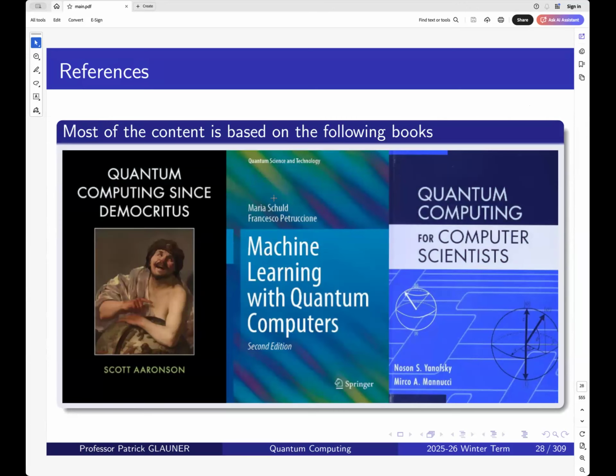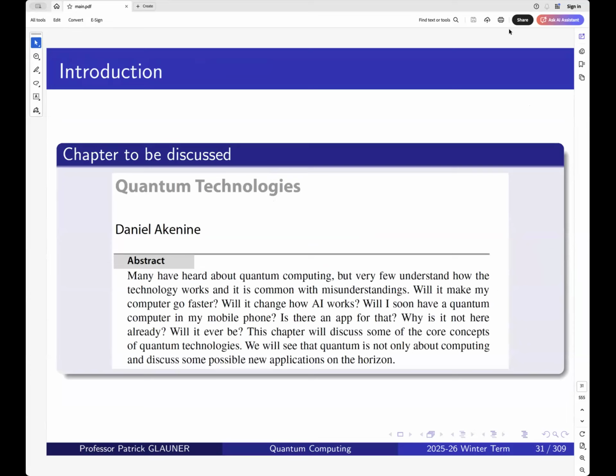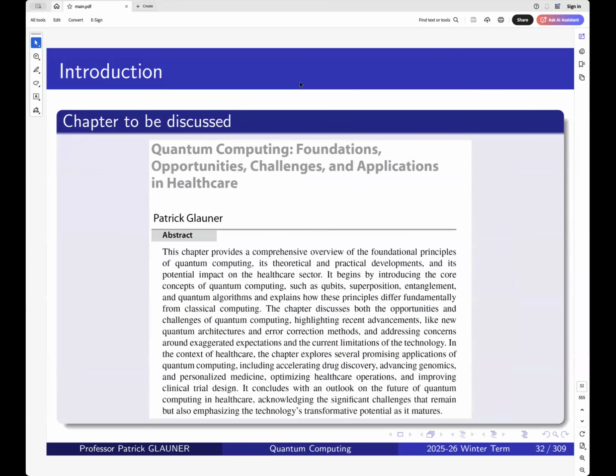These other books are excellent references as well if you want to study quantum computing further. Then we also briefly looked into two further readings, two chapters that you should have read. One is Quantum Technologies, which Daniel Achanin, one of the CTOs of Microsoft, published in one of my books a few years ago, as well as a very recent book chapter I published earlier this year.